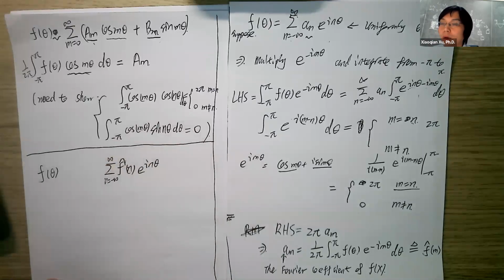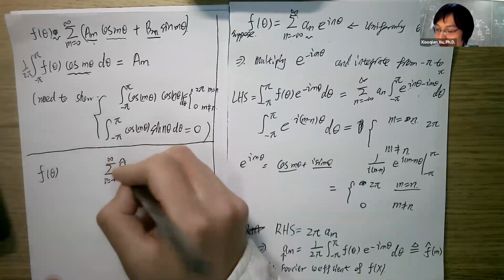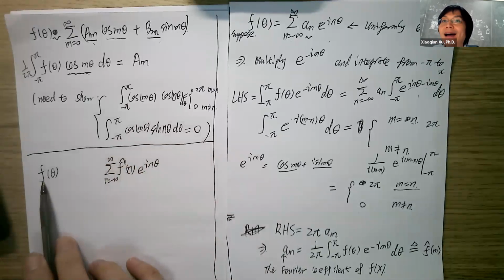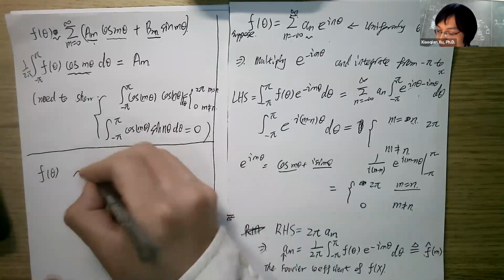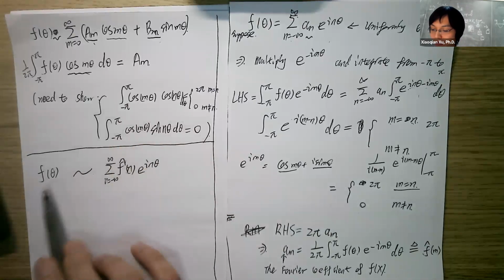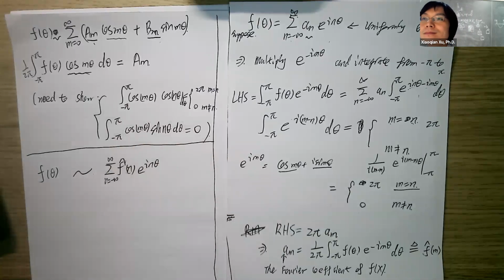However, what we don't say is that this actually converges to f(theta), even pointwise. So here, let's use this notation to denote that the Fourier expansion of f(theta) is this one. Okay, the Fourier series of f(theta) is this one. But now we don't have the convergence property of this sequence.